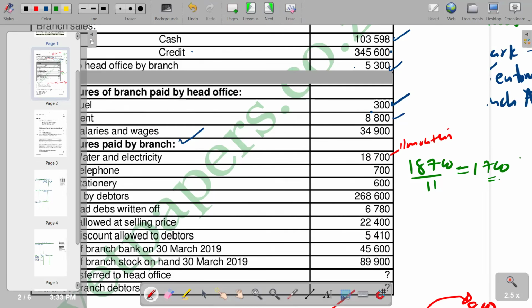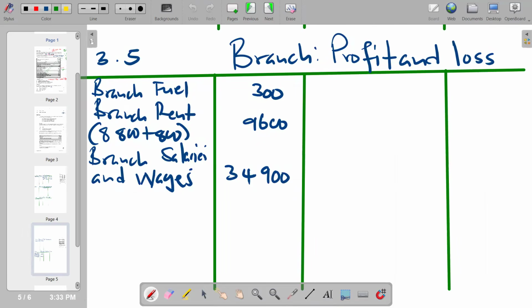So we come here, we say branch water and electricity.